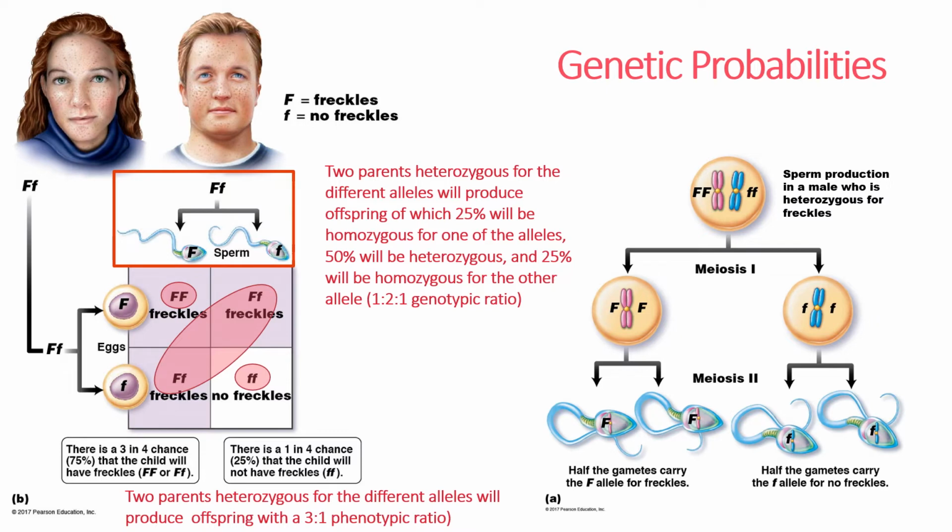These ratios are then used to predict the likelihood of these two parents producing a freckled offspring. In other words, in this case, there is a 75% likelihood that their offspring will have freckles, but there is a 25% likelihood that their offspring would not have freckles.